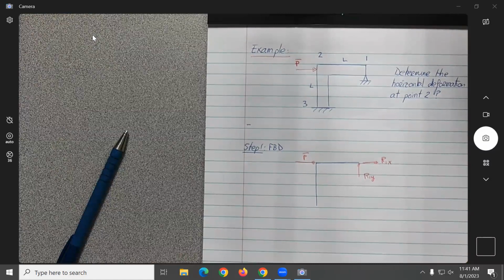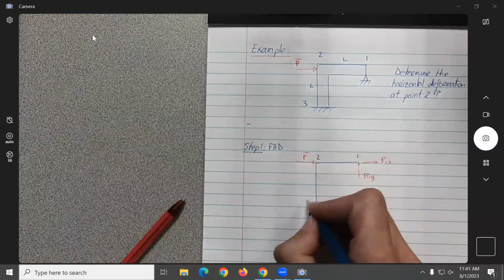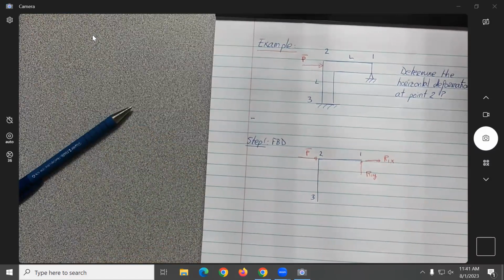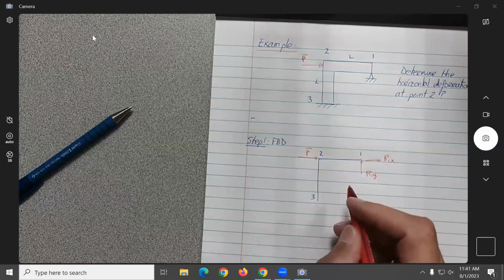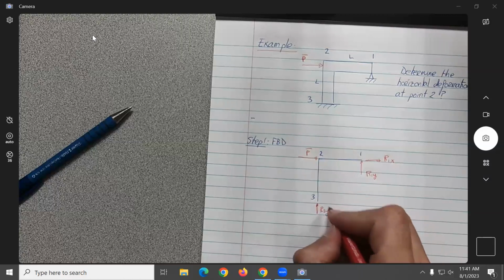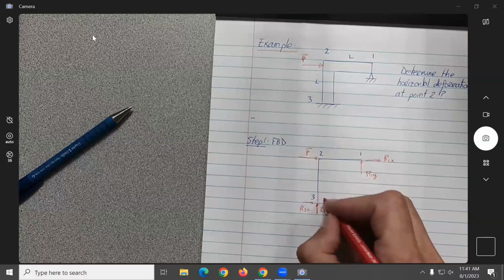What about at point 3? How many reactions do you have at point 3? Yes, R3Y, R3X, and a bending moment M3.